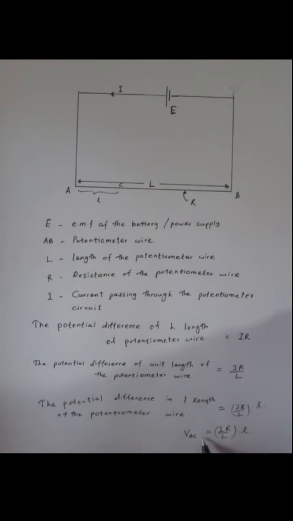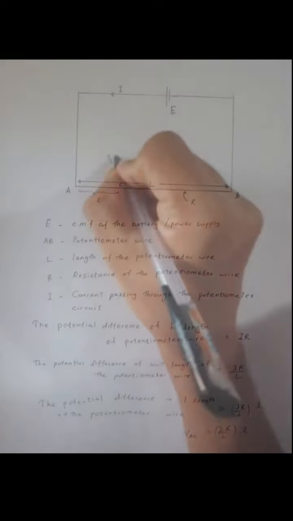So here VAC equals a constant times the length. So I can write VAC equals a constant times the length. So this is the potentiometer principle.